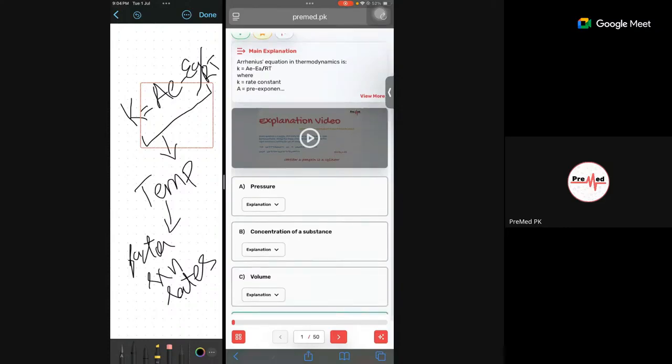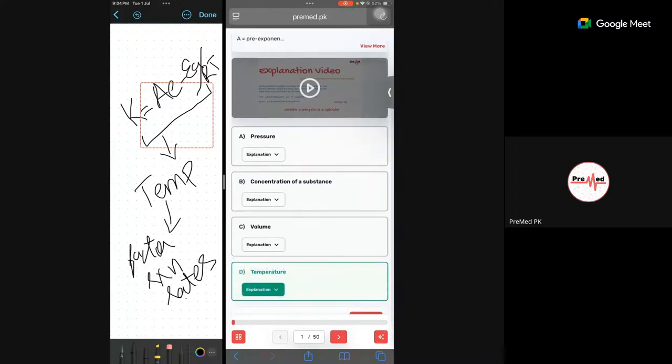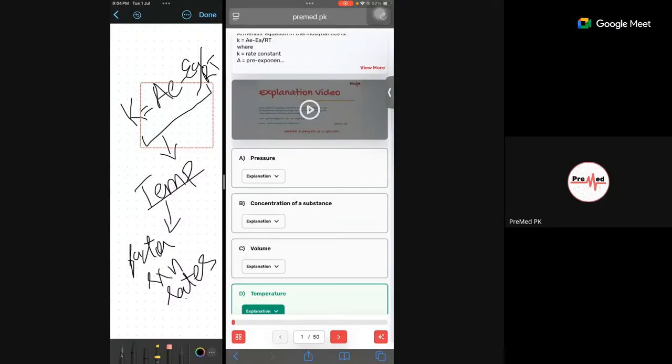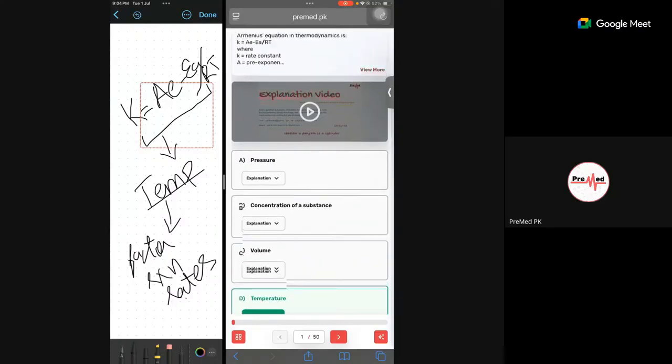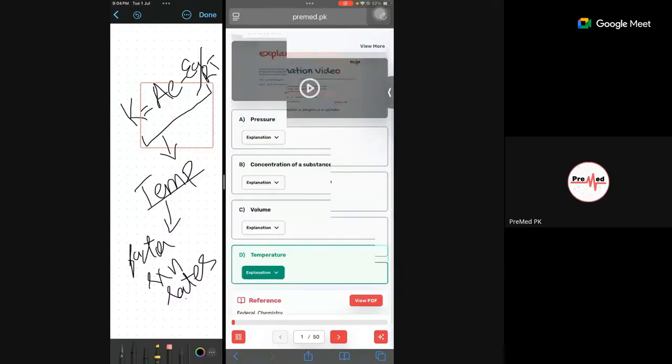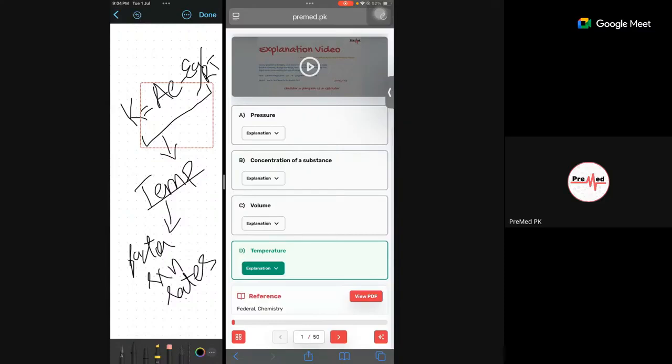So we will simply omit options A and C, and go on with options B and D. Option B is the concentration of substance. As I told you at the start, the Arrhenius equation deals with temperature and doesn't deal with the concentration of substance. So B is incorrect and we have D as the correct answer.